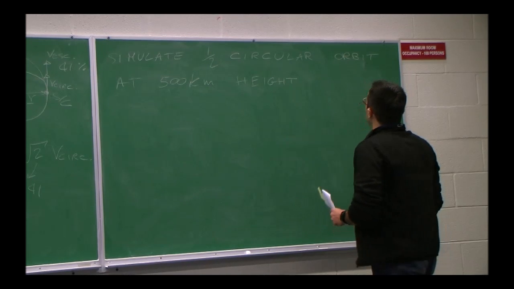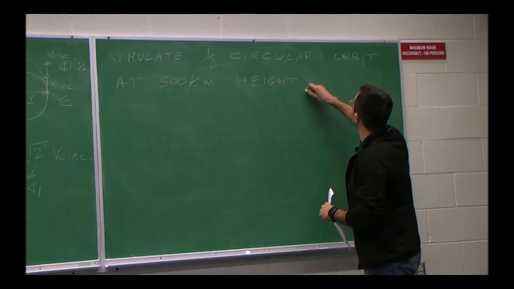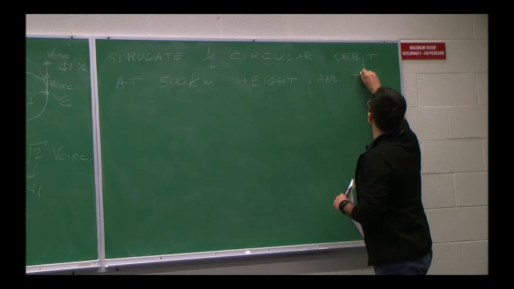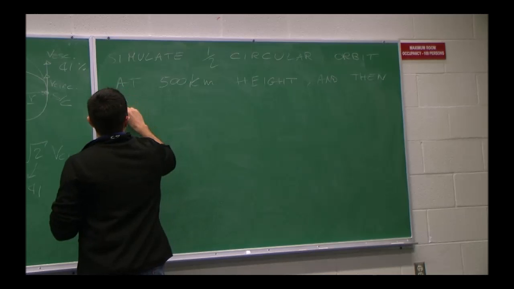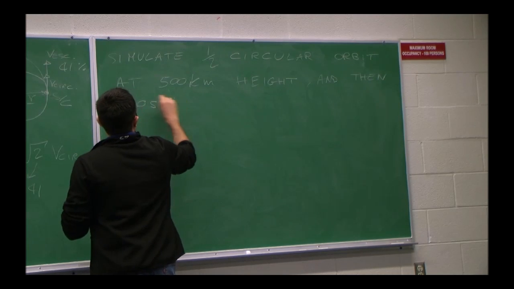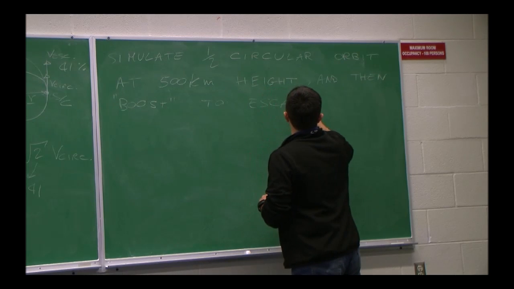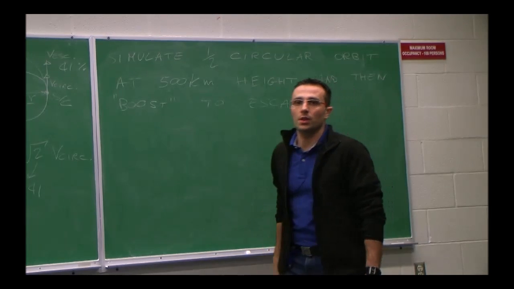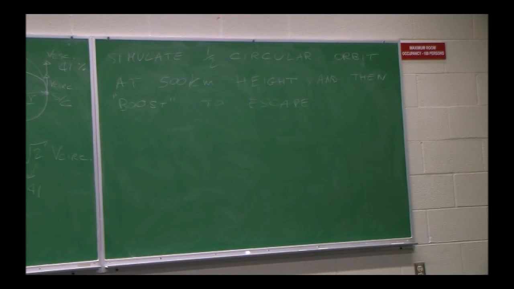It cannot be the radius. So just let it go for half an orbit, just for fun, and then do what I am doing here. Just boost to escape. So this will be some if condition in your equations somewhere, probably in the equations of motion that you call from ODE 45.